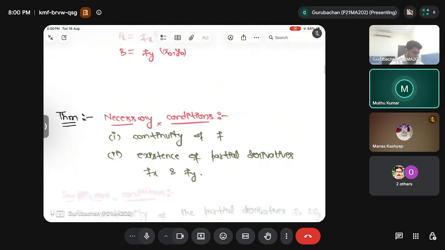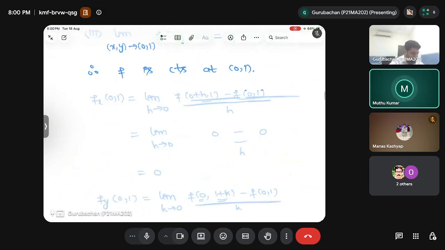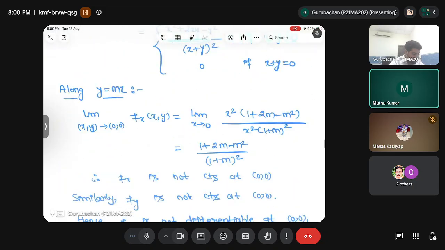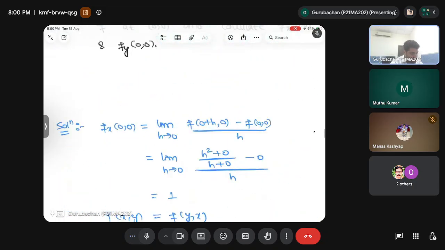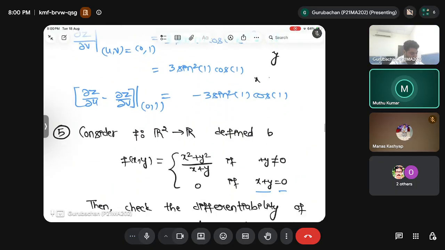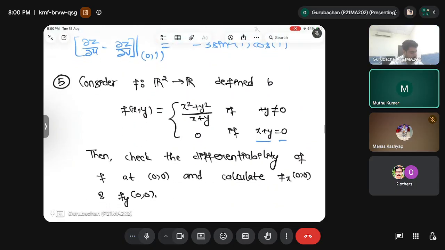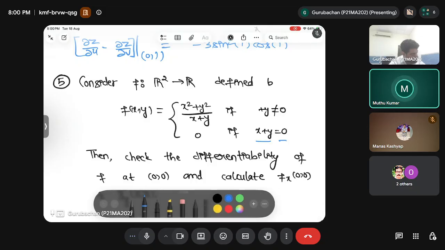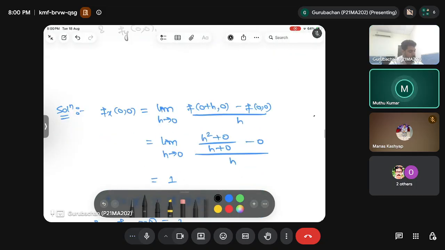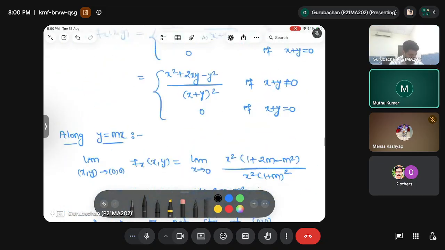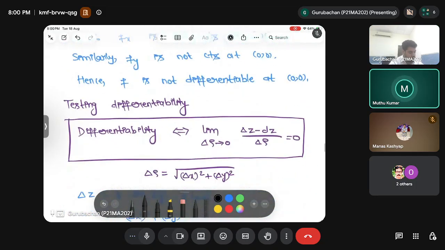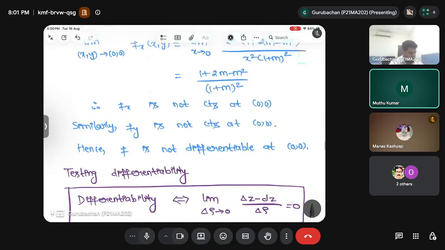I will tell you the question immediately. F of x comma y equal to x squared plus y squared by x plus y, for x plus y not equal to 0, and 0 for x plus y equal to 0. Yes, this problem. So we have concluded that f of x comma y is continuous at the origin, right? Yes.